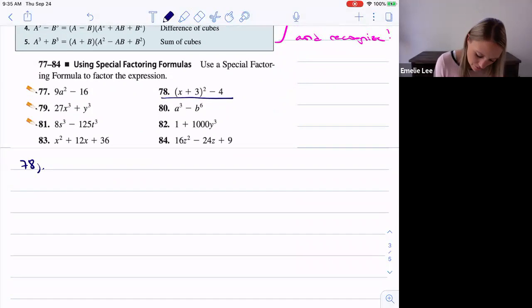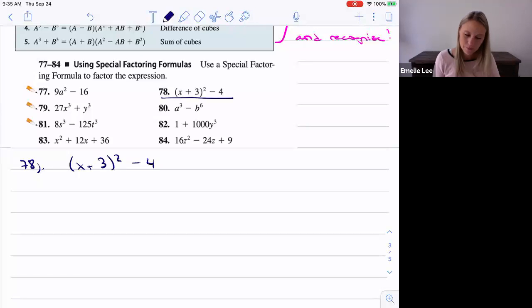Number 78. If we have something like x plus 3 squared minus 4, okay, it's not obvious right away, right? But this one's kind of the most obvious out of a lot of these. x plus 3 you can treat as one thing. So something squared minus 4, but 4 is 2 squared, right? So we can rewrite this 4 as 2 squared.